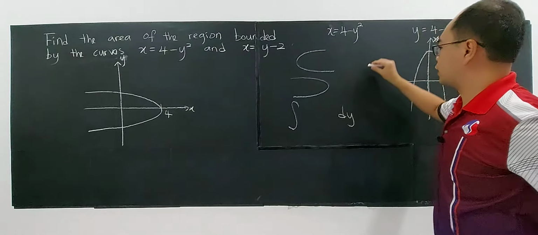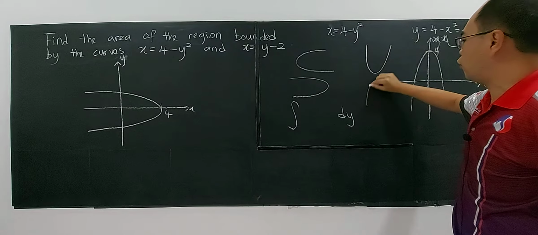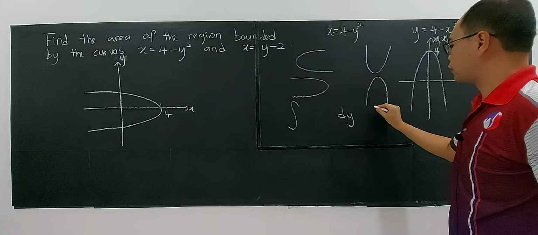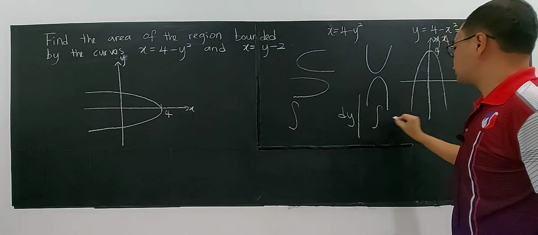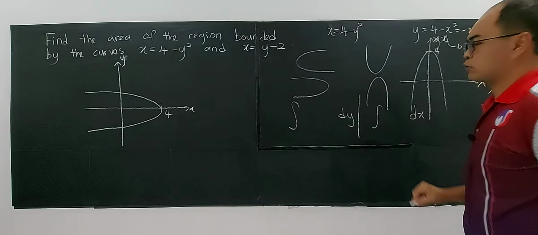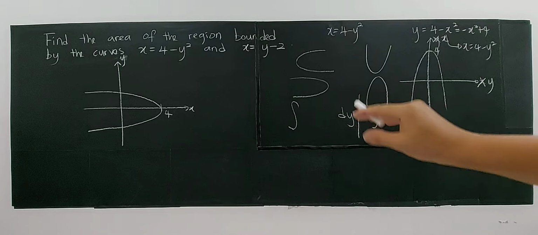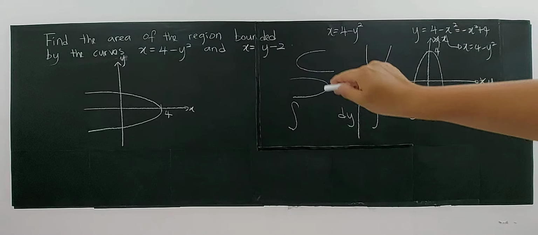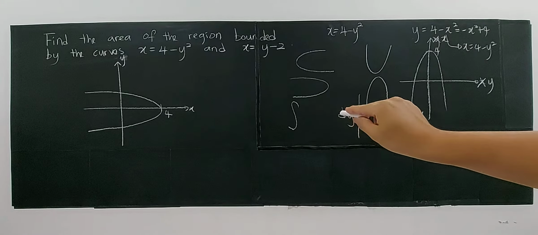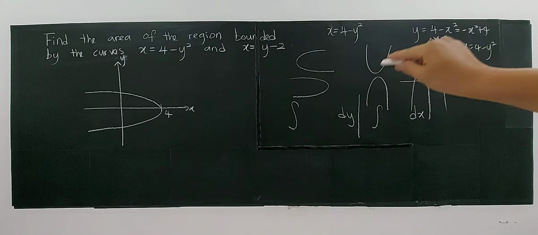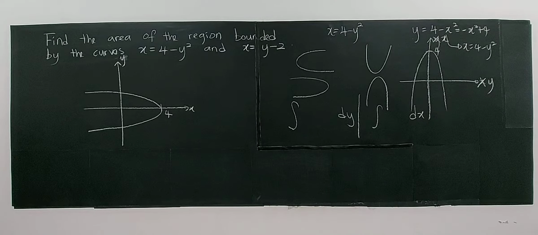But if you have a curve that opens upwards or downwards, usually you integrate with respect to x. This is just a hint to help you. So let's see how to solve this problem.